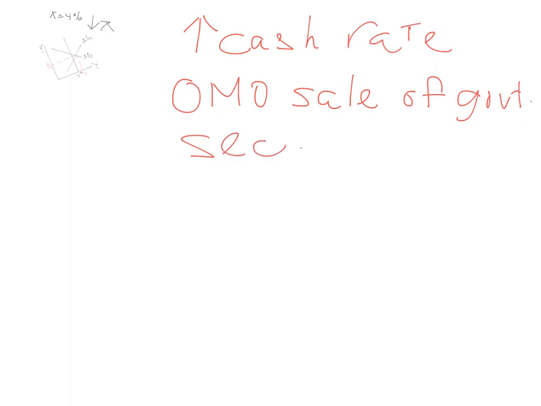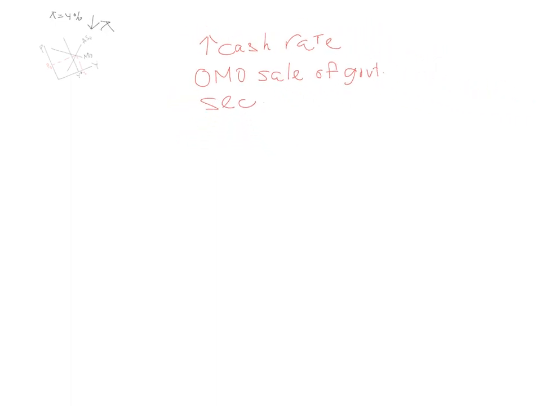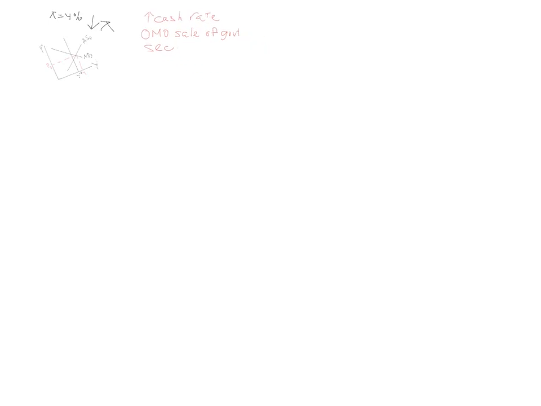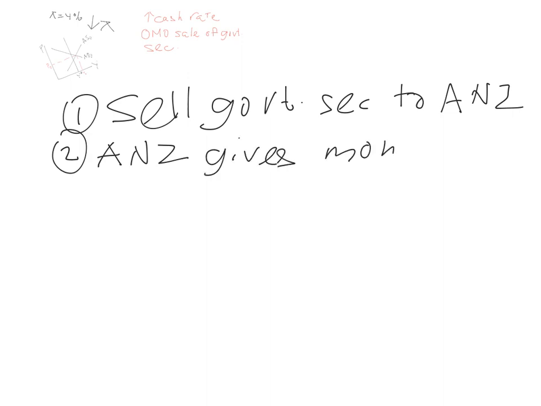So what is going to happen in this situation is the Reserve Bank of Australia will go to ANZ and National Bank and Westpac and all the commercial banks, and they will say, you need to buy our government securities, right? So they will sell government securities to ANZ, in my example, but again, any of the commercial banks, and ANZ will give money to the RBA, right?